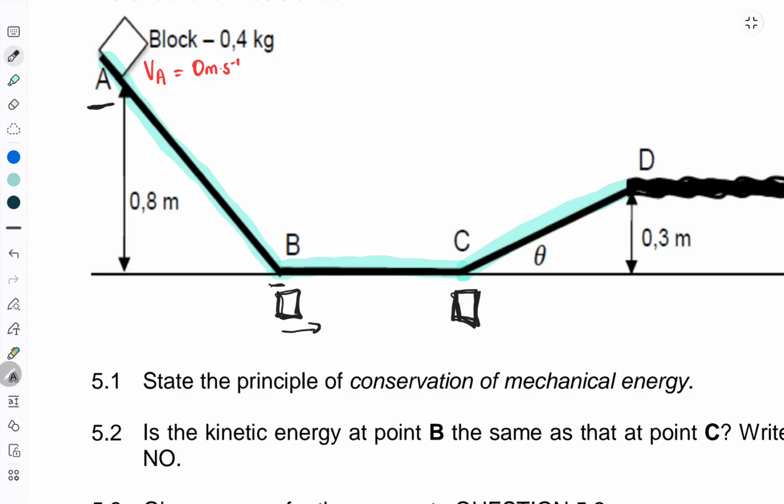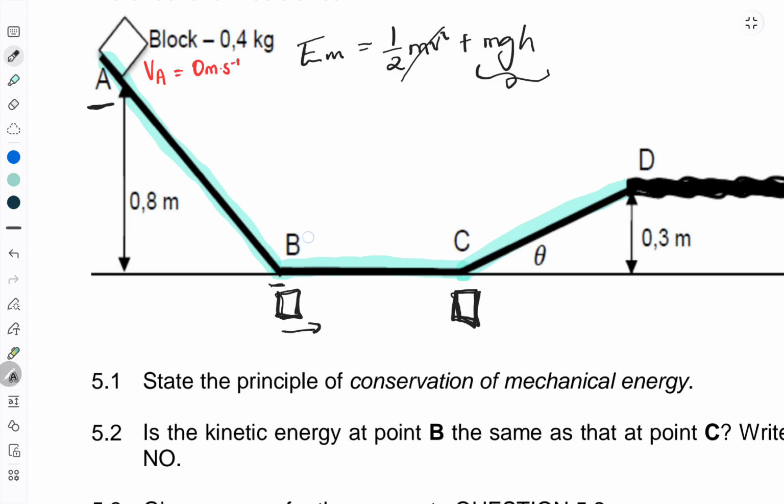So the mechanical energy there is mainly just mgh, the potential energy, because mechanical energy is your kinetic energy plus your potential energy. Since velocity is 0, the kinetic term goes out. So at point A, only the potential energy contributes to the total mechanical energy.